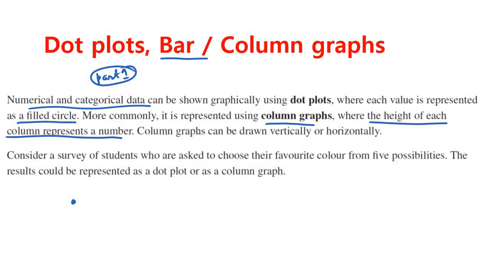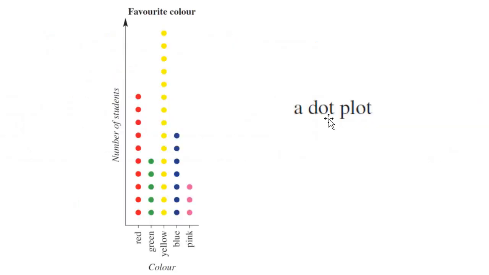Column graphs can be drawn vertically as well as horizontally. We will see various examples of that. So let us start. Let us first consider a survey of students who are asked to choose their favorite color from 5 possibilities, and the results can be represented either as a dot plot or as a column graph. First we have the dot plot.